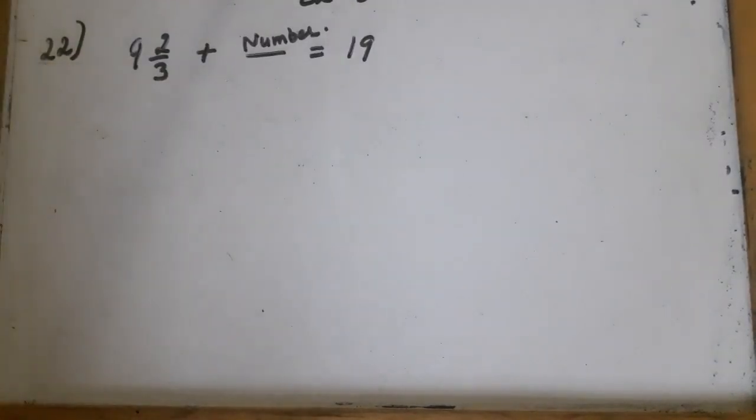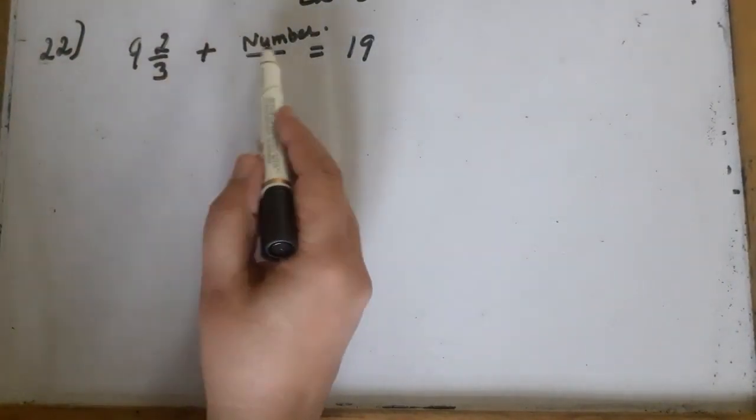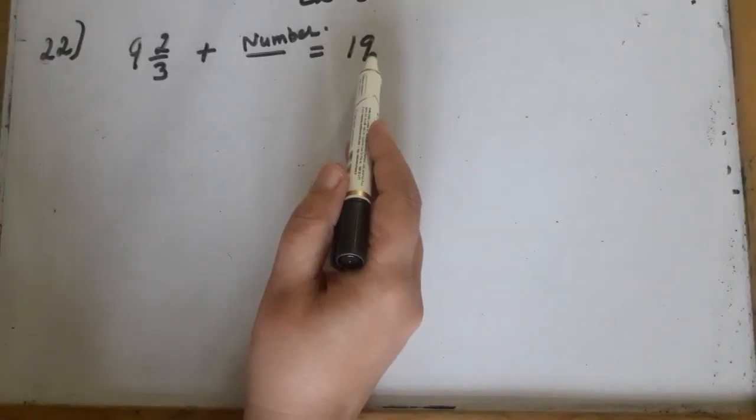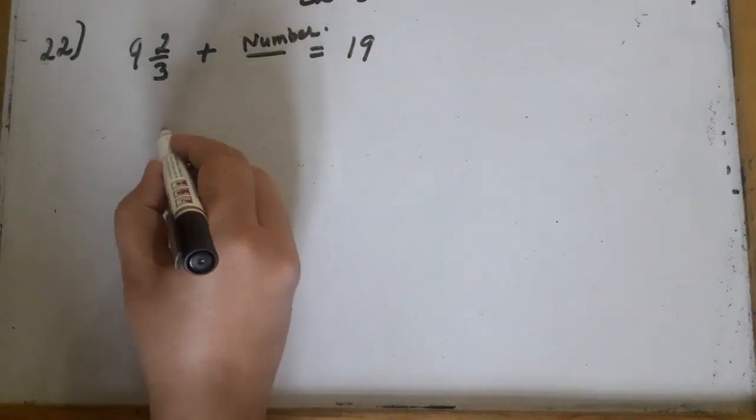Now question number 22. It says, what should be added to 9 2 by 3 to get 19? In 9 2 by 3, which number should I add so that it becomes 19? So I have to find this number.